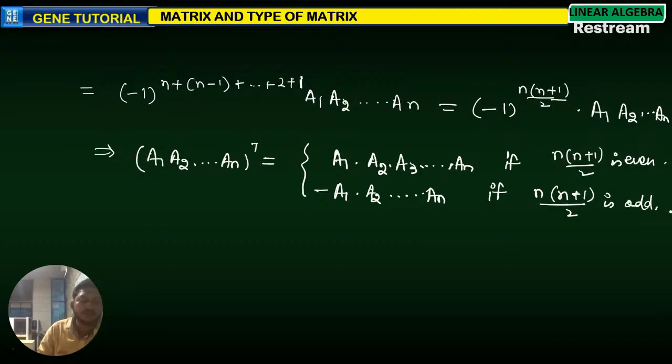These are the two outcomes when we use n entries for any A to the power n matrix.